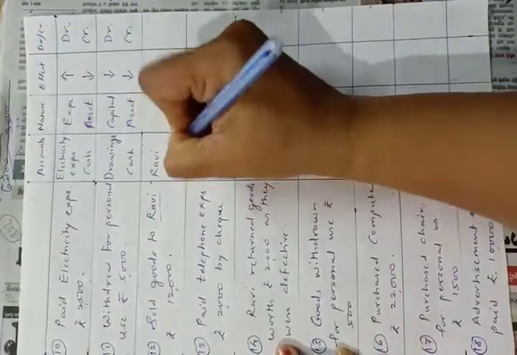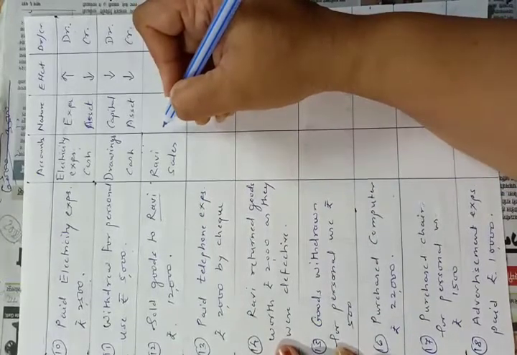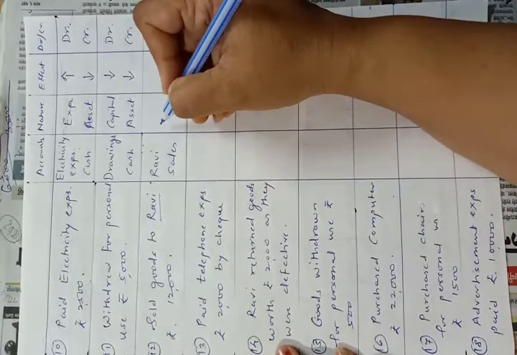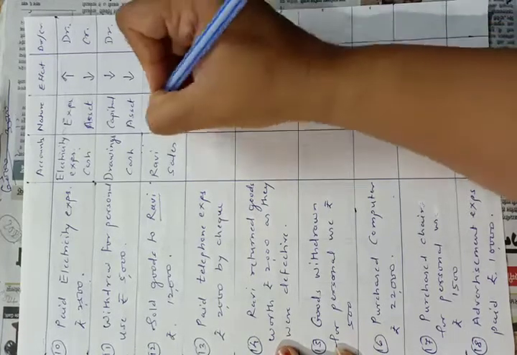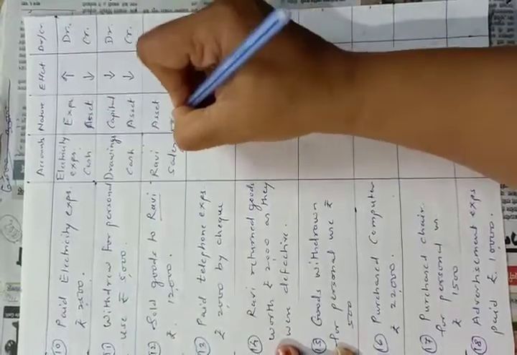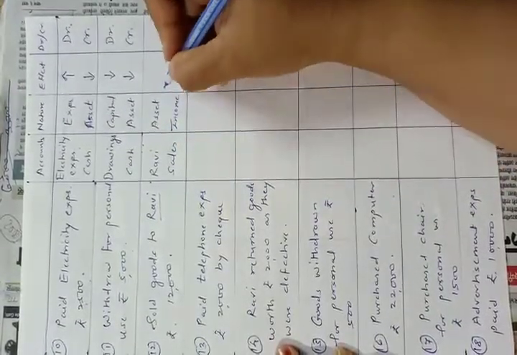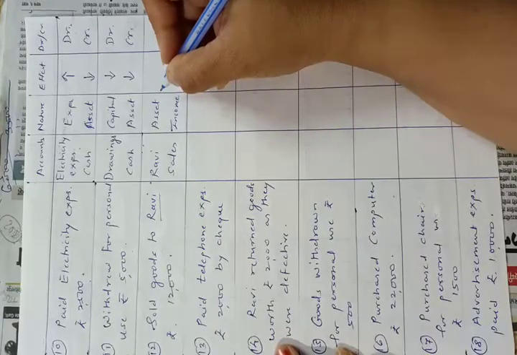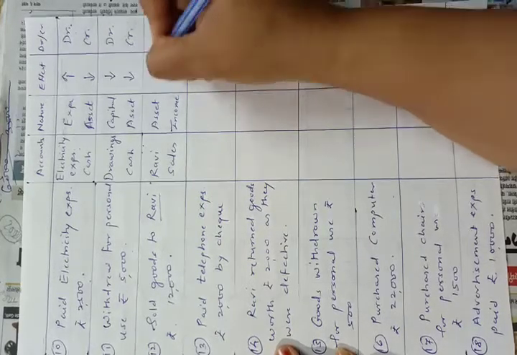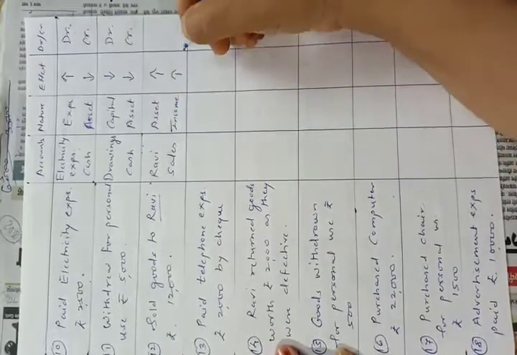Ravi and sales. As we are selling goods to Ravi on credit, Ravi is our debtor, amount is receivable from him, so it is our asset. Sales will be our income. Here, when we sell goods to Ravi, our asset, that is debtors, increases and our income also increases.